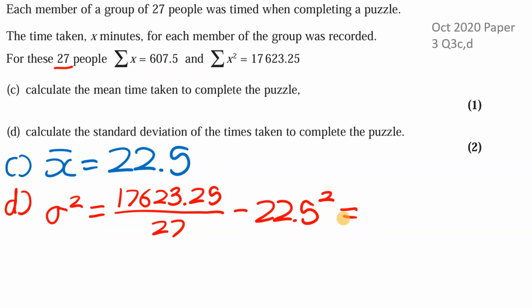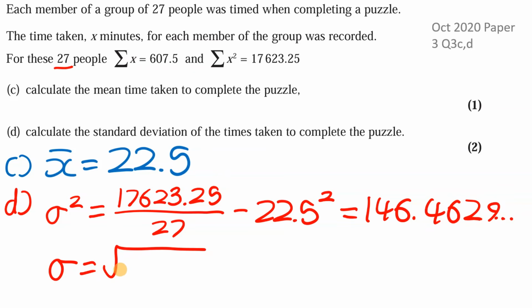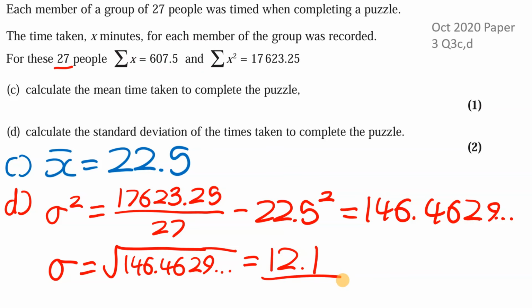And if you put this into your calculator, this is equal to 146.4629, and so forth. So therefore the standard deviation is the square root of this 146.4629, which if you put into your calculator to 1 decimal place is 12.1. So this is the standard deviation.